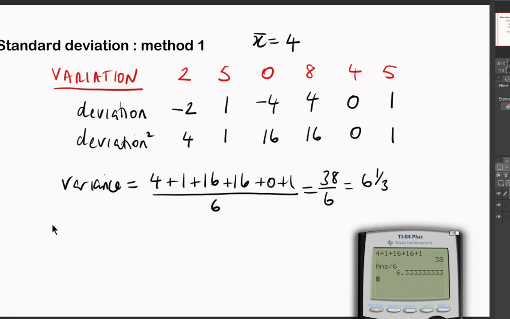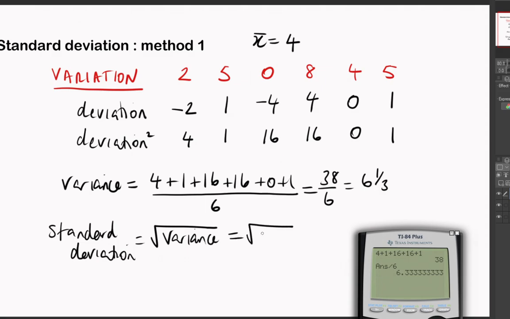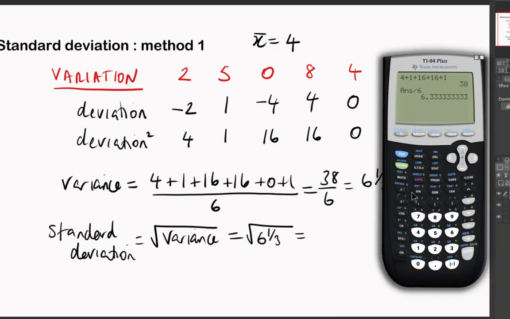Now, the standard deviation is the square root of the variance. So in this case, I'm just going to square root 6 1/3, and it's going to give me 2.52.